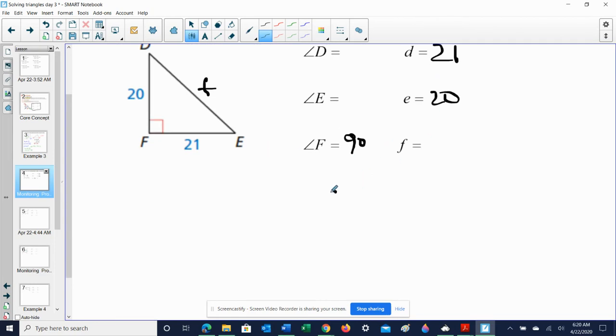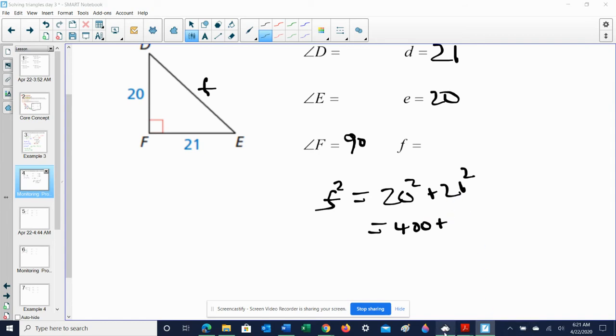So, wow, this is horrible. 20 squared plus 21 squared equals 400 plus, what's 21 squared? Anyone know?